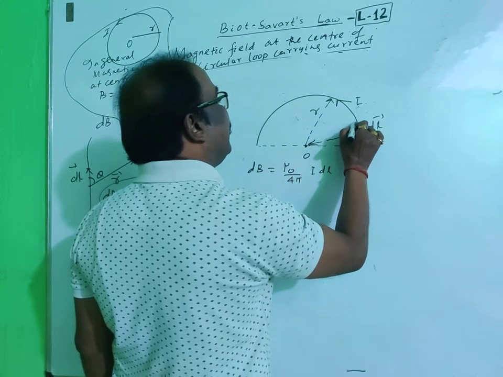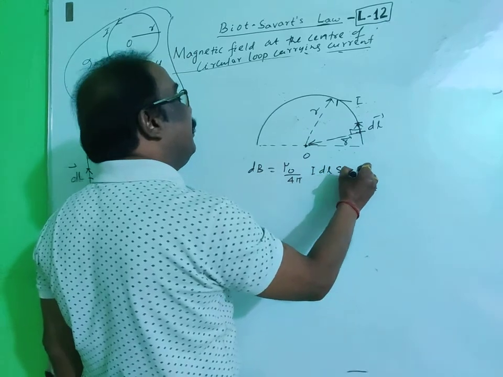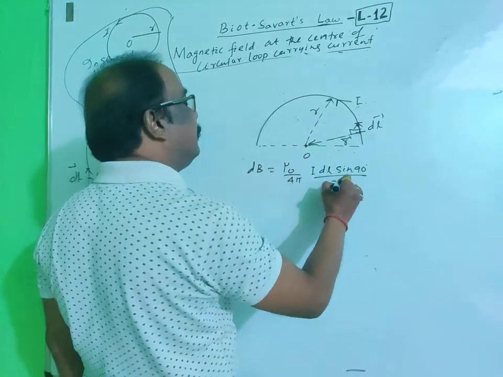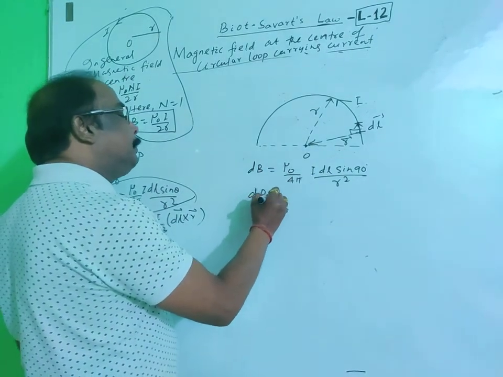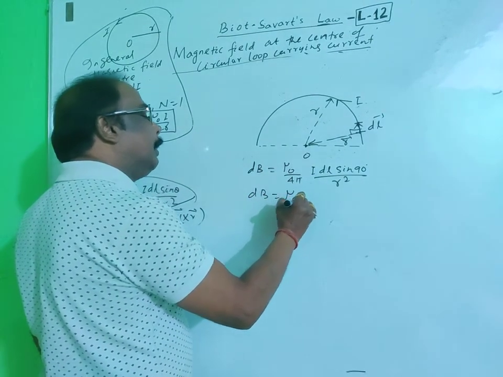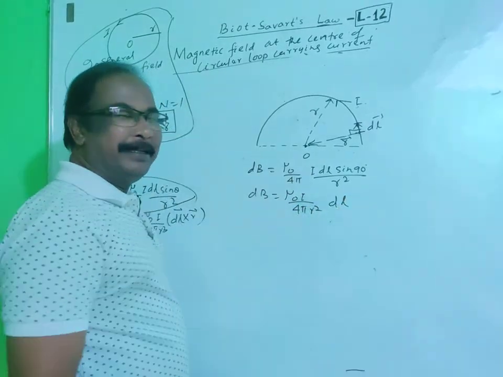Here theta is 90 degrees, so I dl sin 90 divided by r square. Sin 90 is 1, then dB is equal to mu naught I by 4 pi r square into dl. Is it clear?